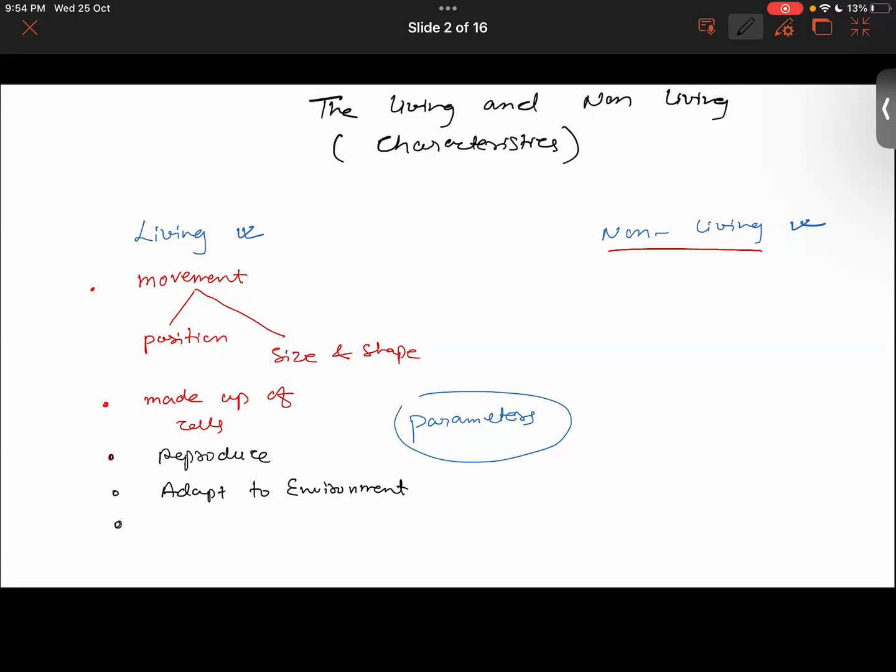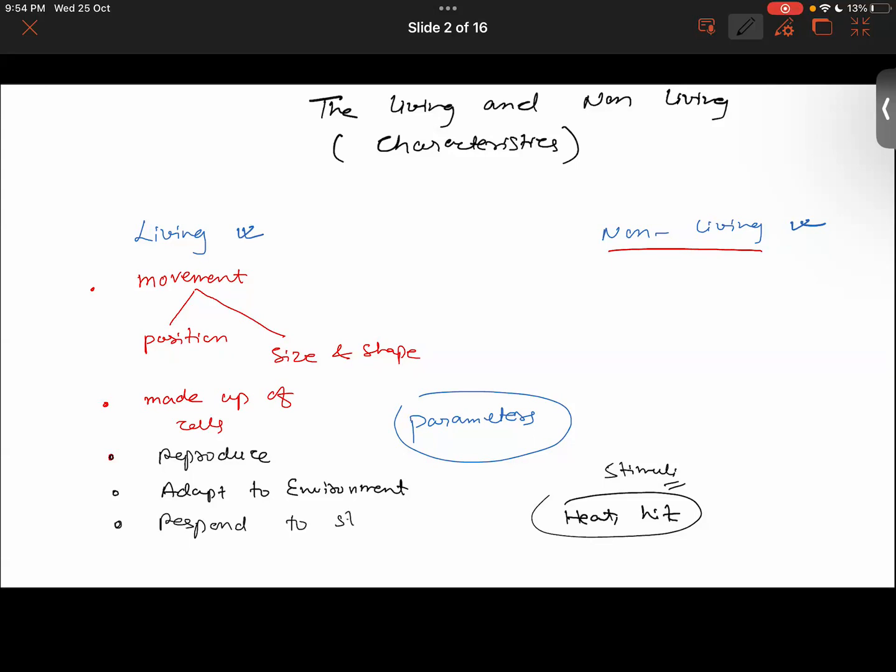Like if you were to hit any kind of living organism, it will react in certain ways. और अगर हम किसी भी living organism को hit करते हैं, any kind of stimulus you provide to the living organism, it will show some changes. It will respond to it. समझ रहे हो आप? Okay now.